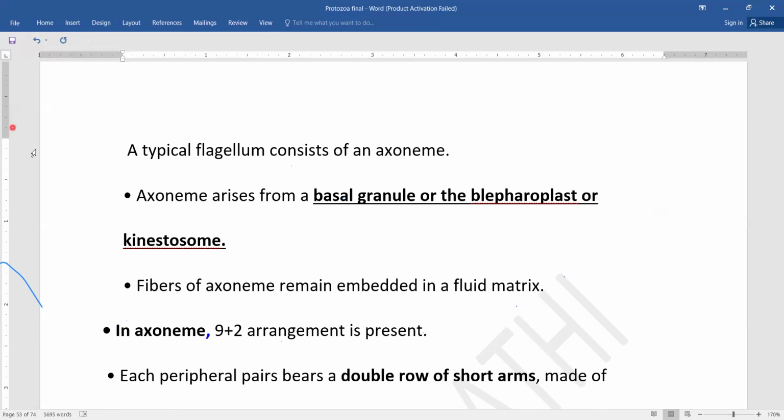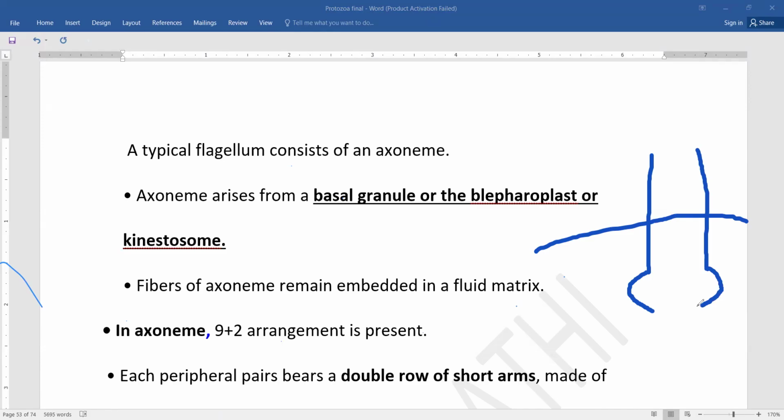So I will give you an example, this is a flagellum. If this is the cell membrane, here there is a knob-like structure. So this is the basal granule from which the rod-like axoneme is produced.